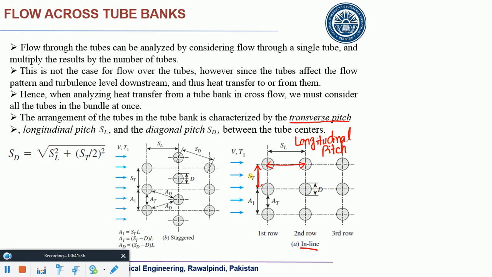Now, what happens is that we consider, again, look at the assumption. Just to solve this problem, look at the assumption. You say that flow is coming from this side. It would pass through these tubes and then it goes straight. We assume it. By the way, does it happen in reality?